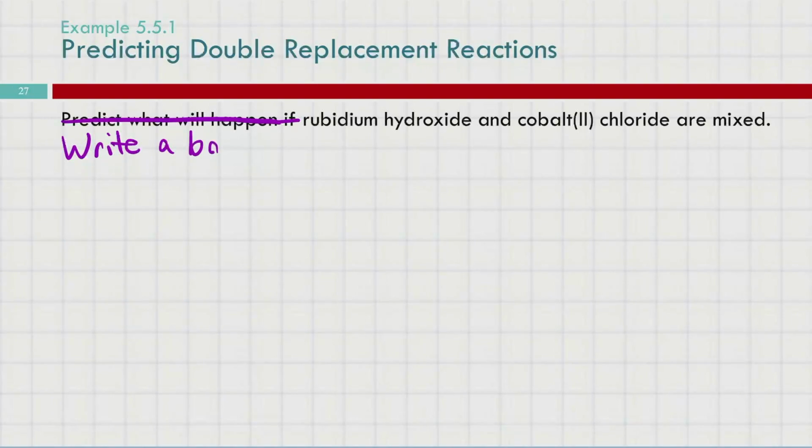I'm going to change that to write a balanced reaction. And I'll give you a couple minutes to work on that. After about a minute or so, I'll write in what those compounds are.